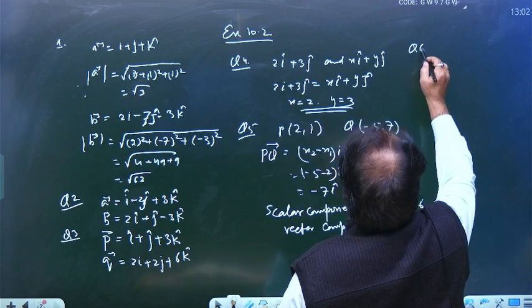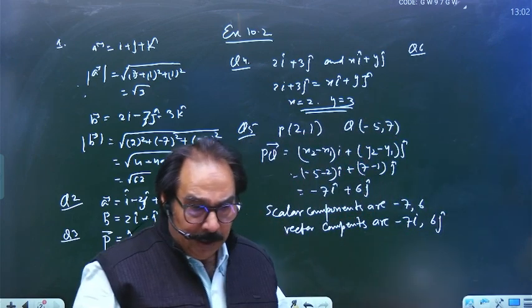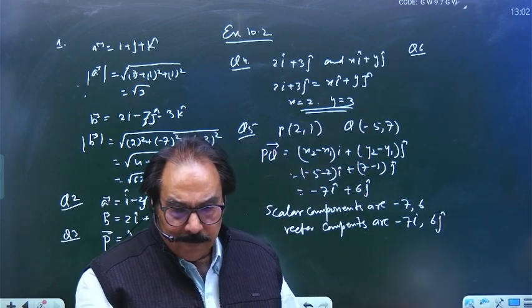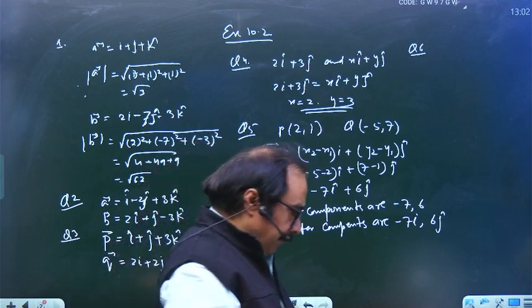The sixth question is, find the sum of the vectors. All three vectors are given.